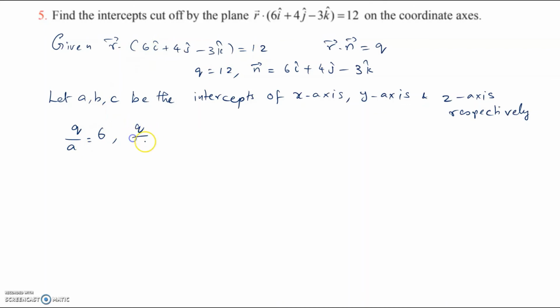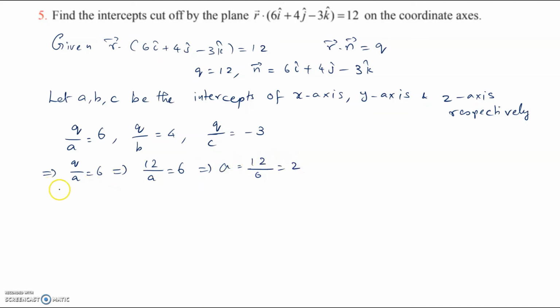Similarly, q by B will be equal to 4 and q by C will be equal to -3. So further simplifying, if q by A is equal to 6, and q is already 12, then 12 by A is equal to 6. This implies A = 12 by 6, which is equal to 2.